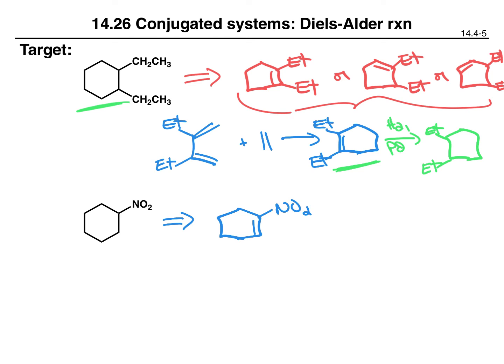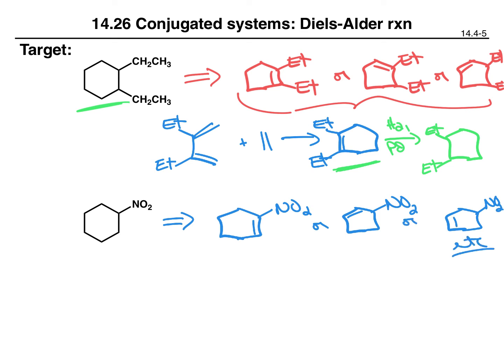And we know that we can make this 6-membered ring by a Diels-Alder reaction. So we might want to make it from this compound or this compound, where maybe that's where the alkene is, or this one where the alkene's over here, etc.